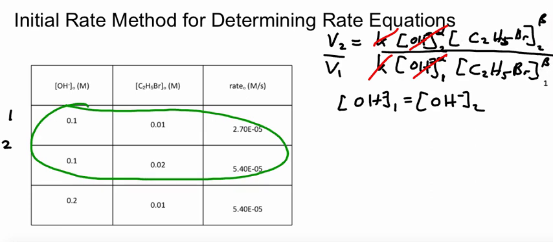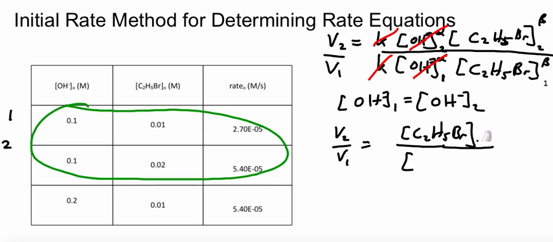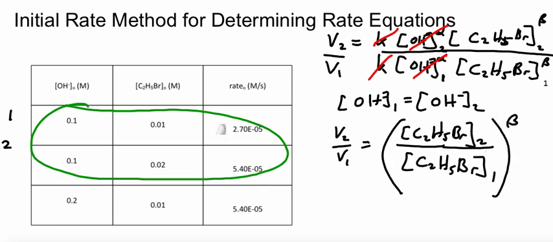So at that point, we can say that the ratio of reaction rates is just going to be the concentration of this reactant, the ethyl bromide, to the beta for trial 2 over the concentration of ethyl bromide for trial 1. We could just say it's this quotient taken to the exponent beta.